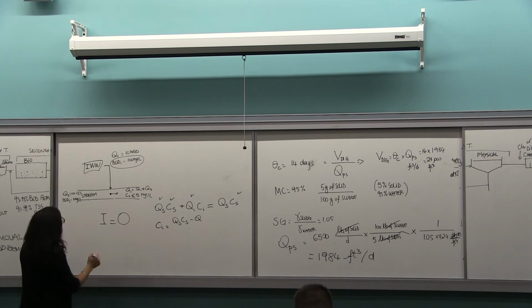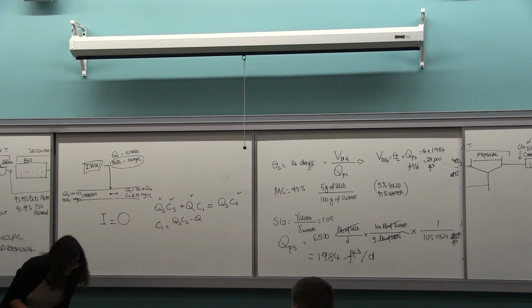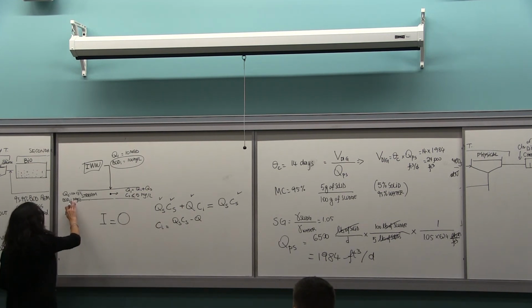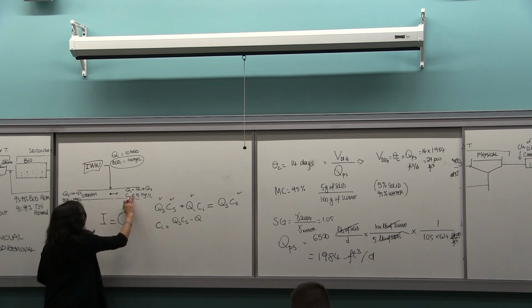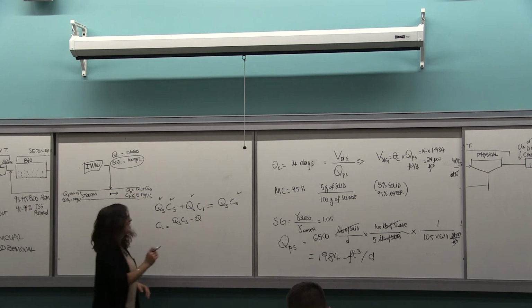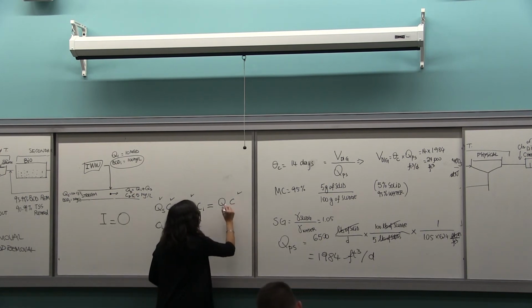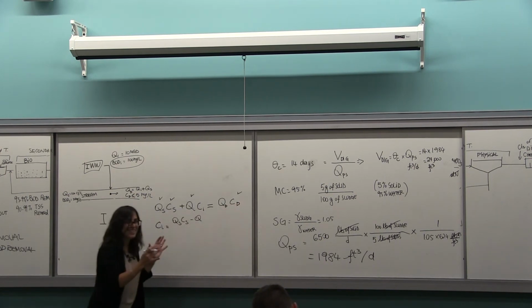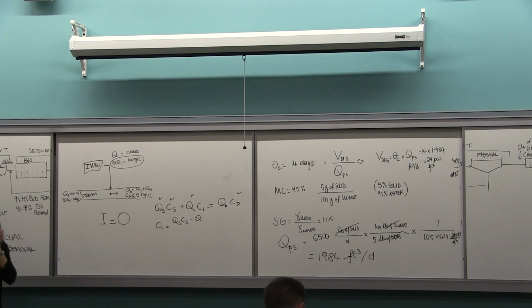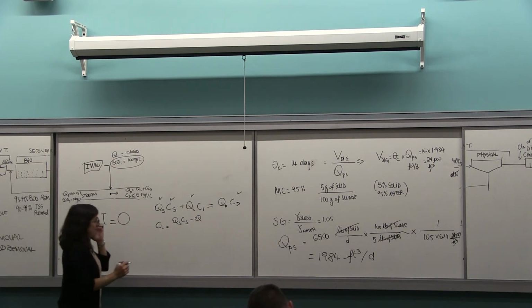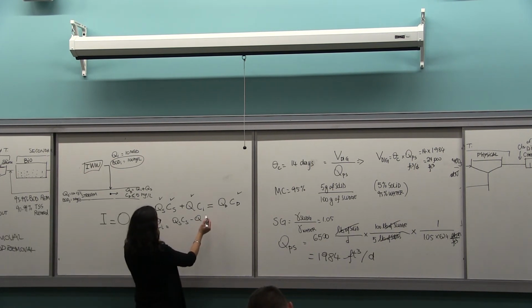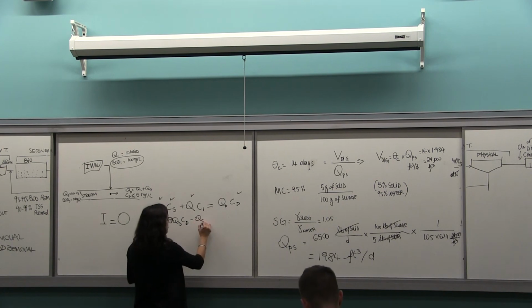Oh, shoot. I'm going to use downstream. Sorry, I didn't realize that I was using the same symbol. So now it's QD, CD minus QS, CS, over Q.